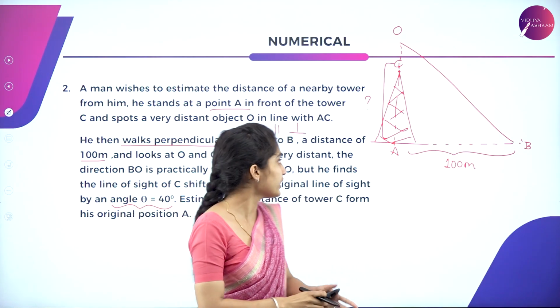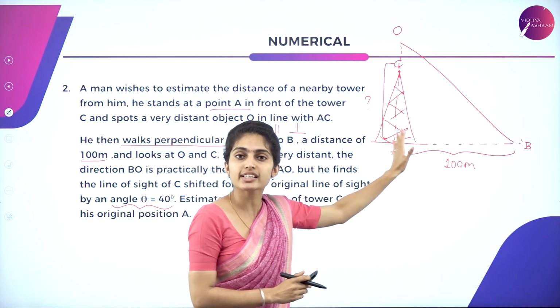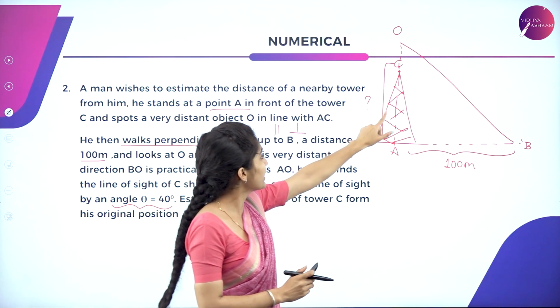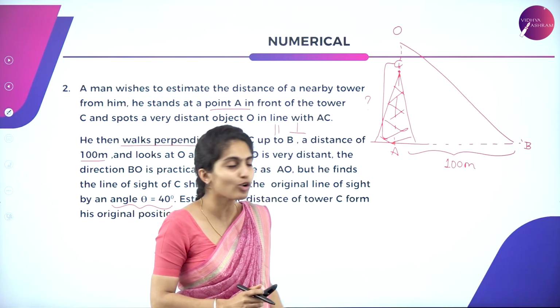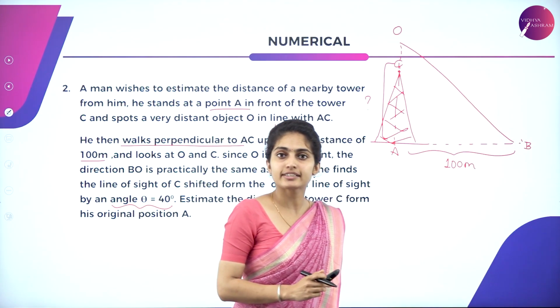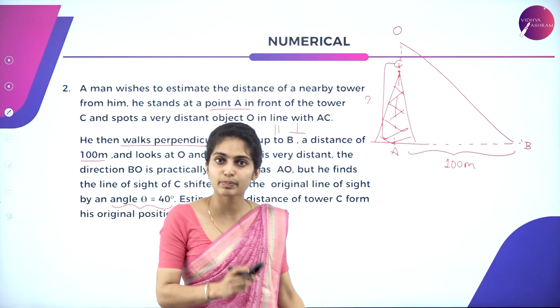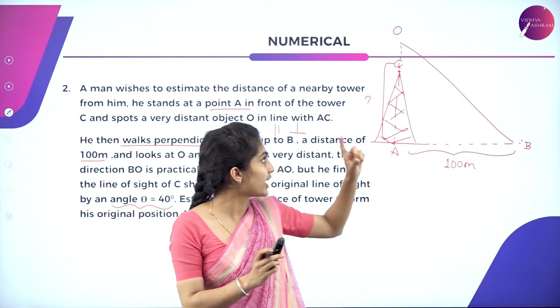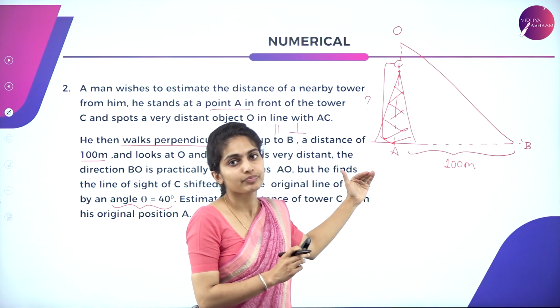Okay, so you got to know that he is standing over here and observing a tower, which is represented by point C, and he is observing a distant object which is represented by O. He moves 100 meters perpendicular to AC and that point is represented as B. From B, when he views O, the direction of BO is the same as the direction of AO.